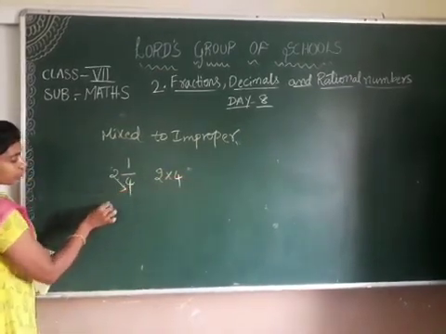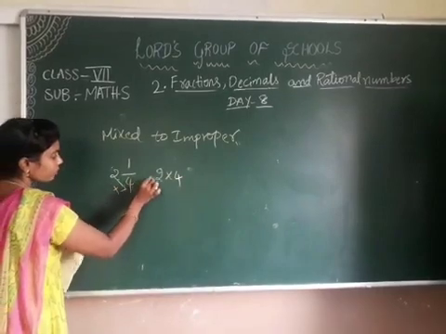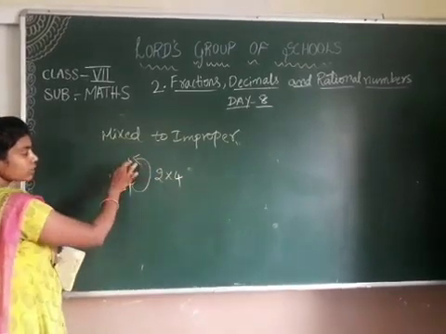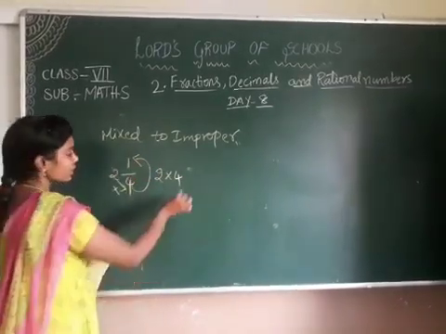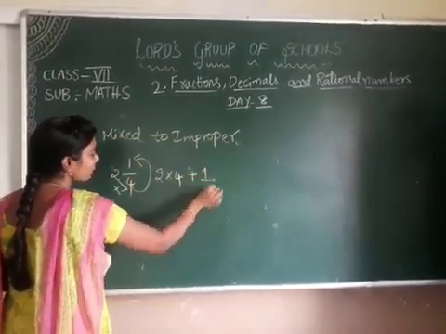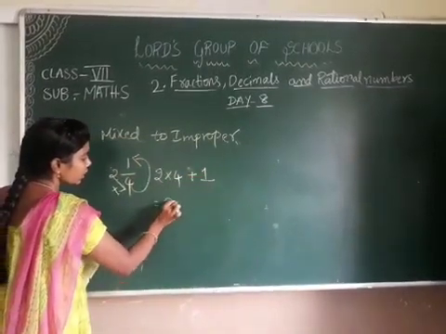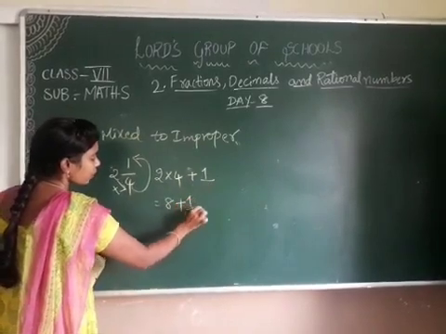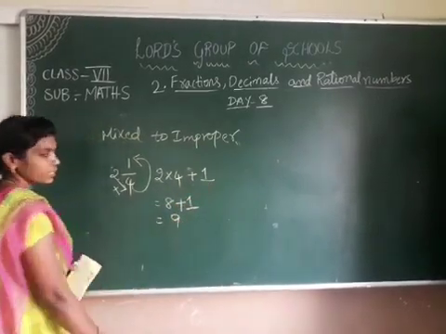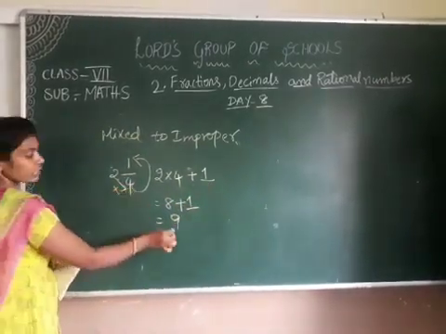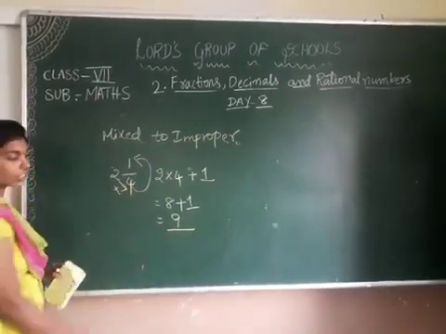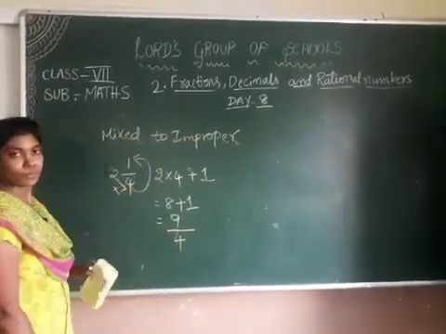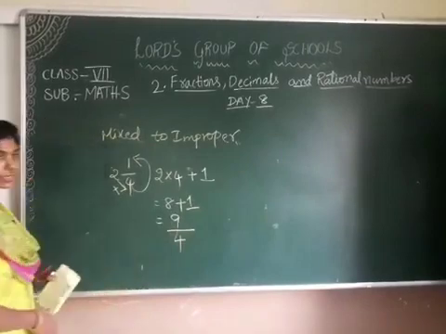Here we multiply, and then whatever the answer is, add it to the numerator of the proper fraction. 2 into 4 plus 1. 2 4s are 8, plus 1 is equal to 9. After writing 9, write the denominator of the proper fraction: 9 by 4. Like this we should convert mixed fractions.